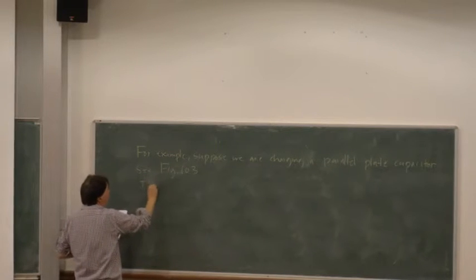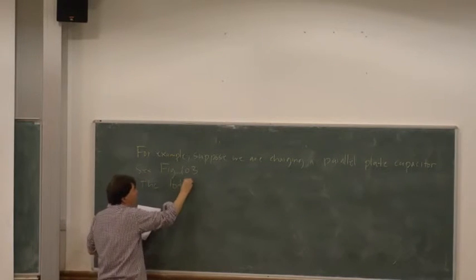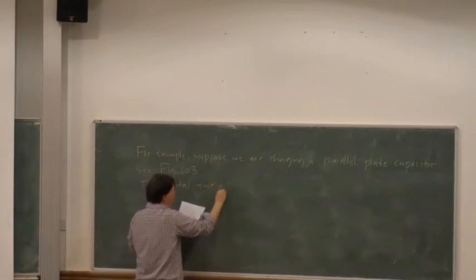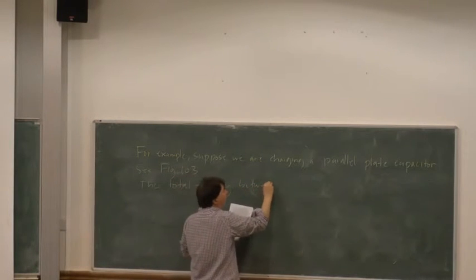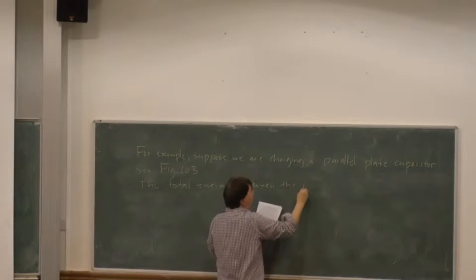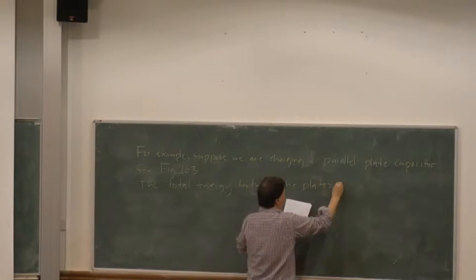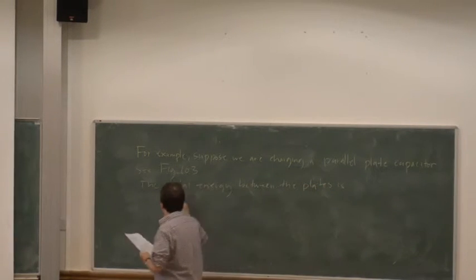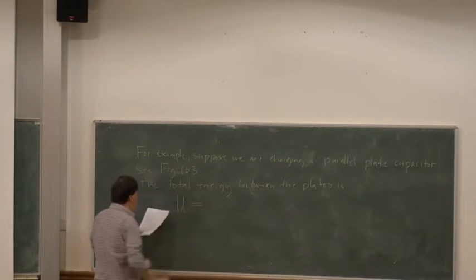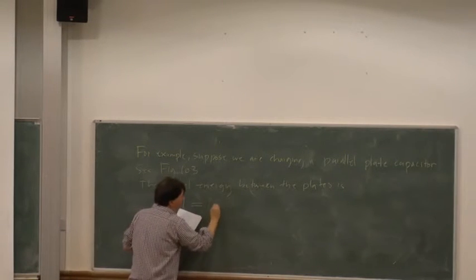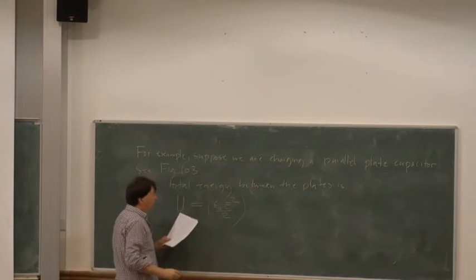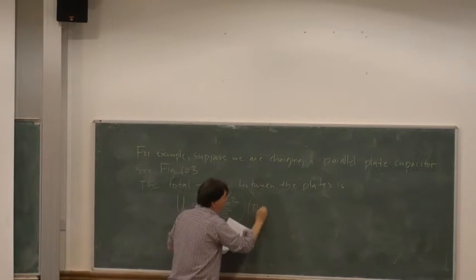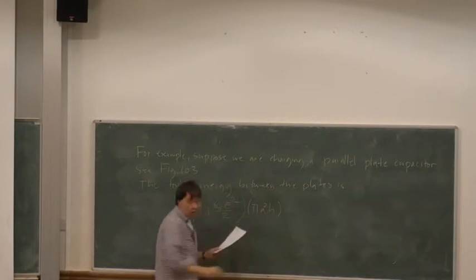Well, again, we'll use this in more detail later on. The total energy between the plates is, well, we've worked this out, we've got epsilon naught E squared over 2, that's the energy density, times pi a squared h.